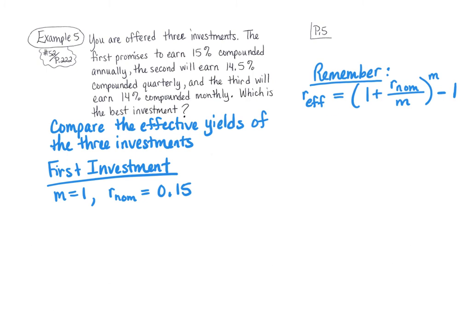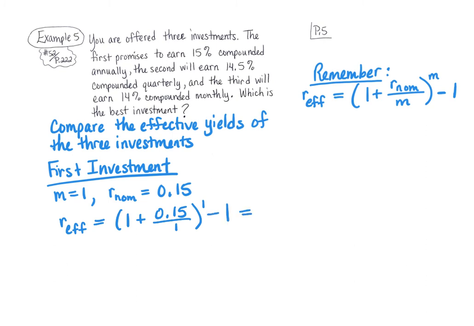Now, using this formula, notice that M is 1. So your effective interest rate is equal to the quantity 1 plus 0.15 over 1, all of that raised to the 1, minus 1.